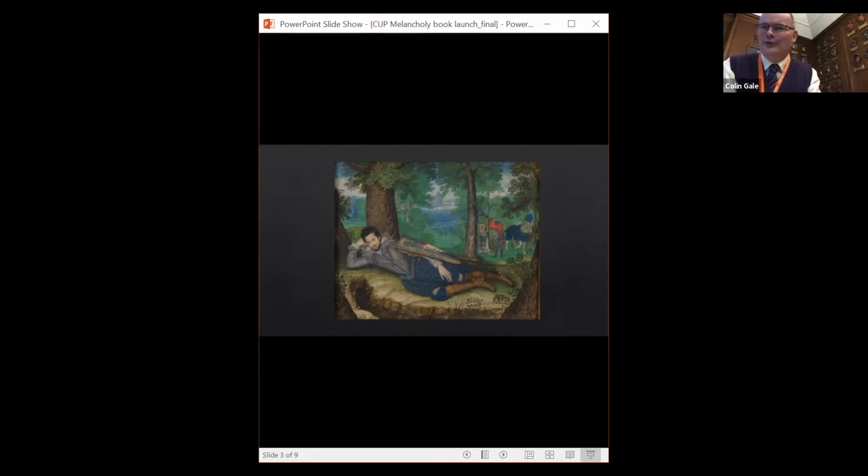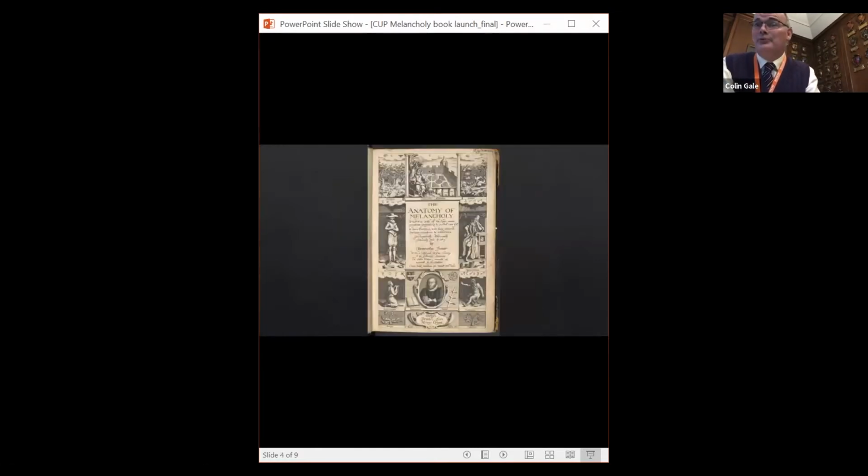I think slide 4 shows us the title page of the book, where there's a portrait just underneath the words in the middle there of the figure, Democritus Jr. Seems an unlikely choice of pseudonym, I would have thought. So tell us more about who the author actually was and why they chose that pseudonym.